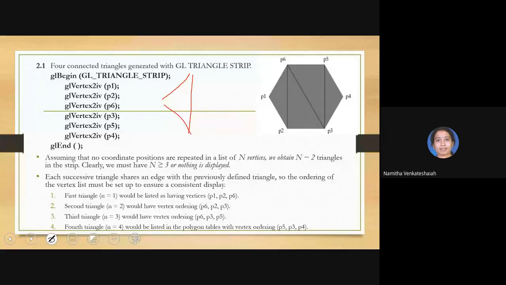Next, P6 and P2 will be used as the edge, with P3, one more triangle. Next, P3 and P6 will be used as the edge, with P5. And next, P5 and P3 will be used as the edge. Like this the triangles will be drawn.